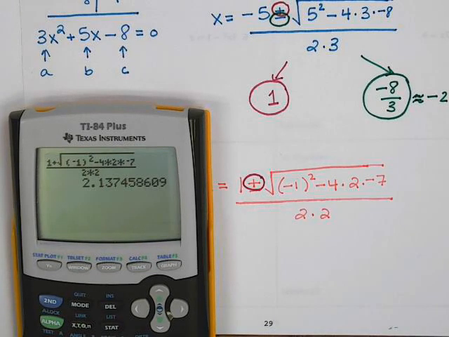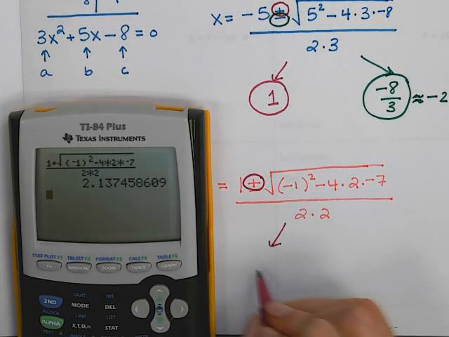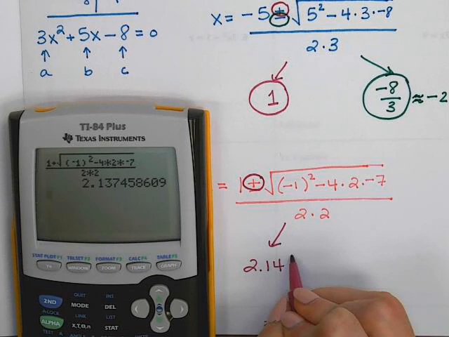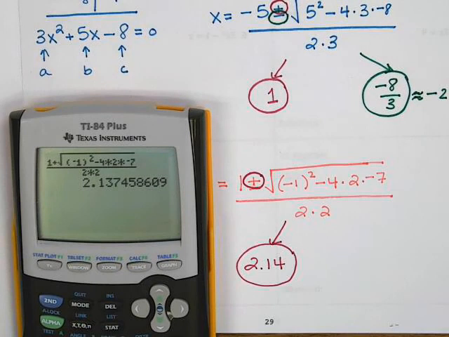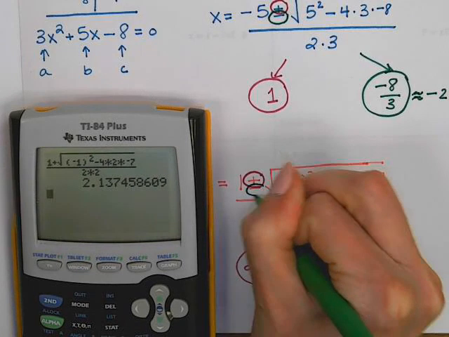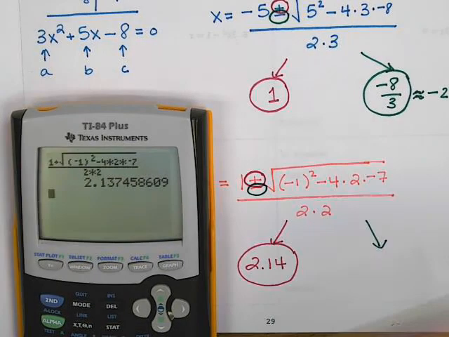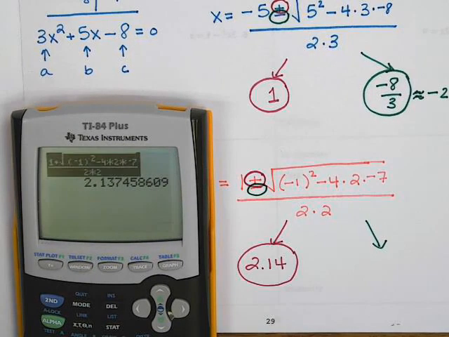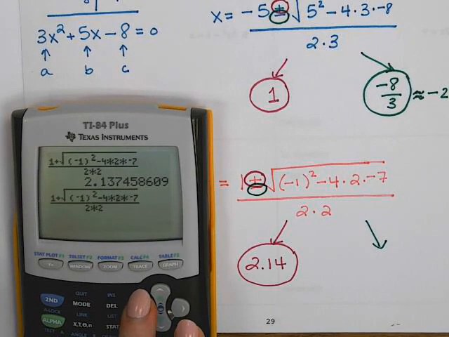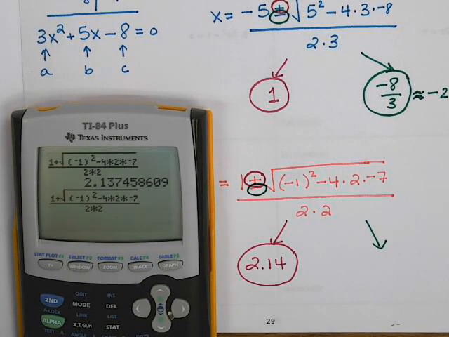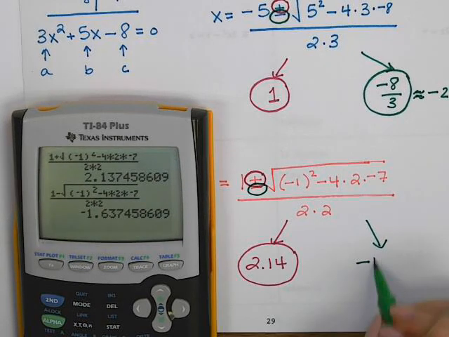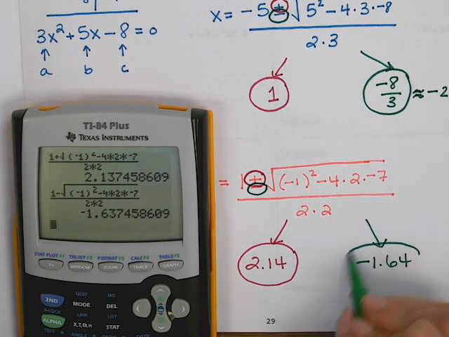So our first answer is, we'll round to the nearest hundredth, 2.14. And then our second answer, we're just going to change the plus into a minus, and we should be done. So that'll be a minus now. And the second answer is negative 1.64. So those are our two answers.